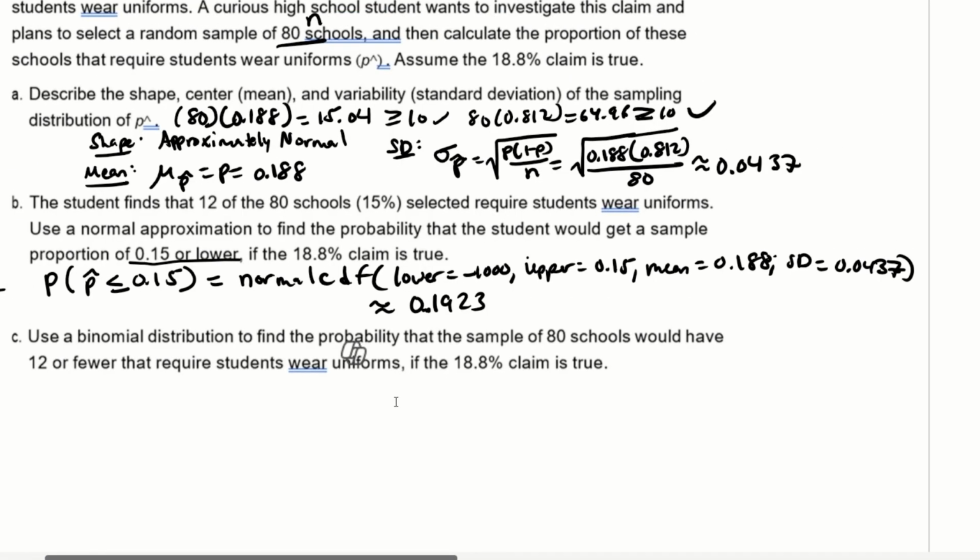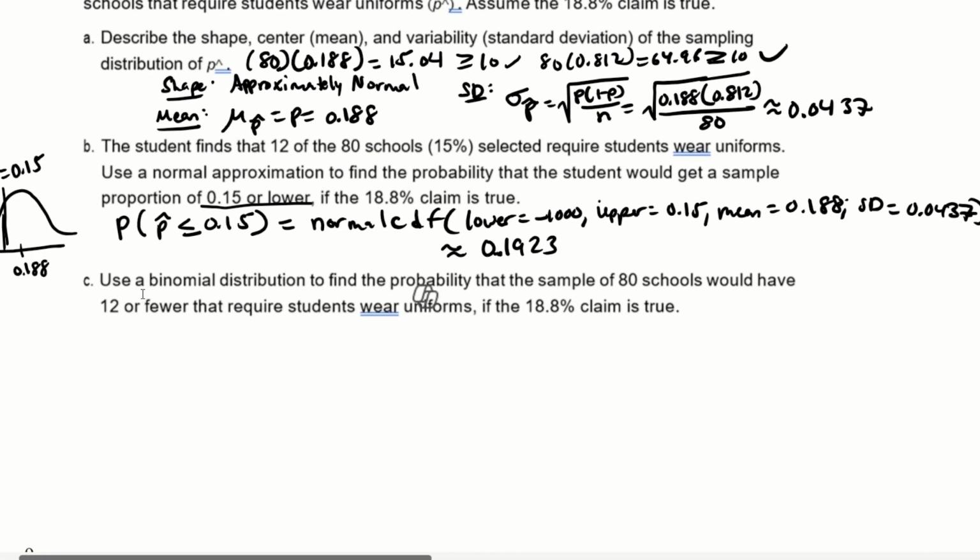It says use a binomial distribution to find the probability that the sample of 80 schools would have 12 or fewer that require students to wear uniforms if the 18.8% claim is true. We're going to compare this. We used a normal distribution before, but what if we use the binomial distribution for 12 or fewer schools?